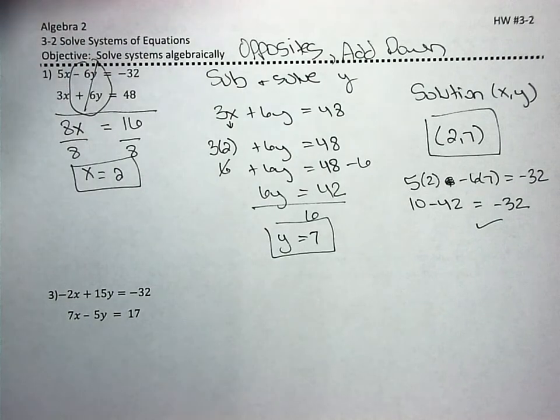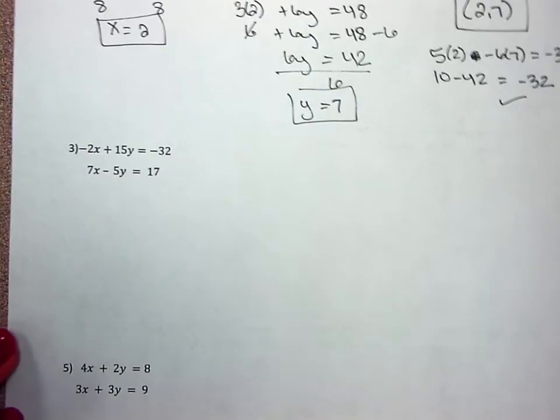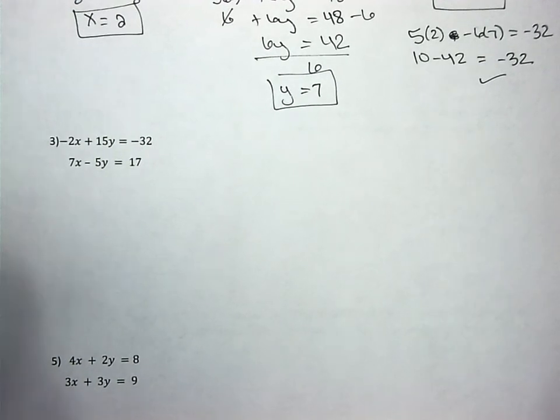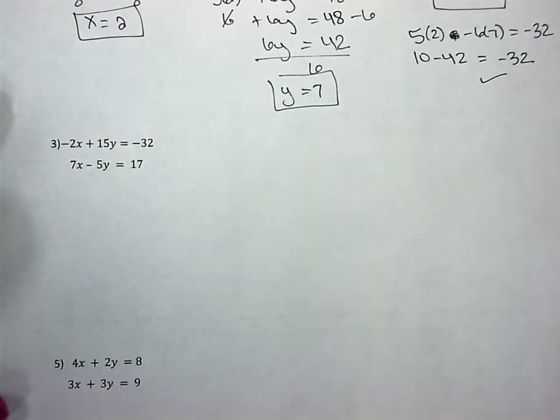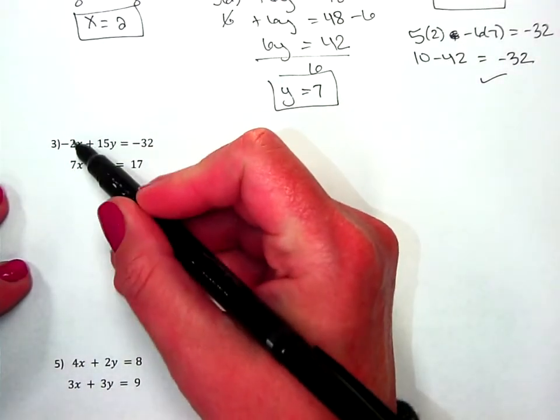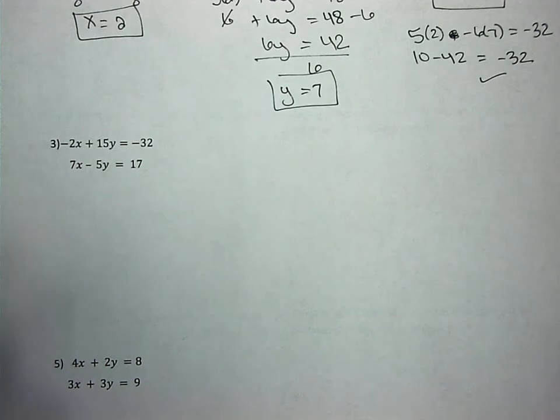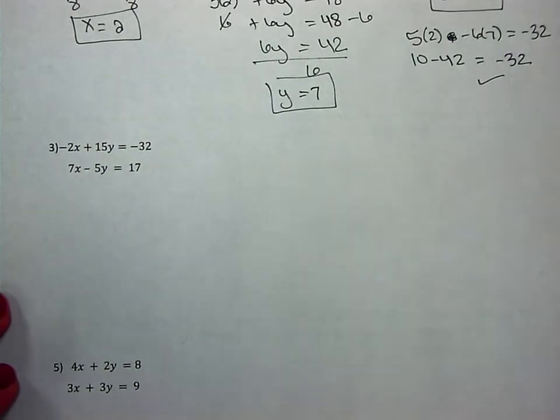Alright, so this next one. I don't have any opposites yet. 7 and 2. So when you don't have opposites, what I do when I'm comparing my coefficients is look and see if one is a multiple of another.